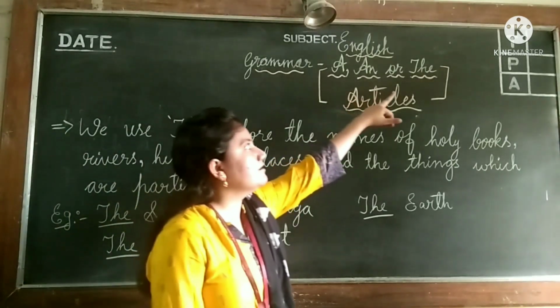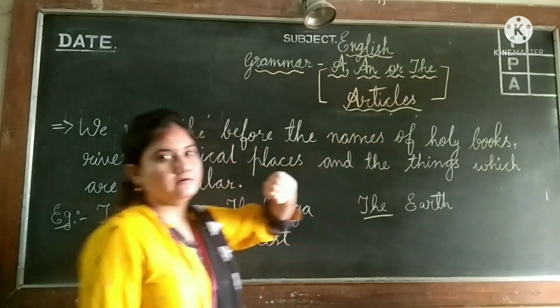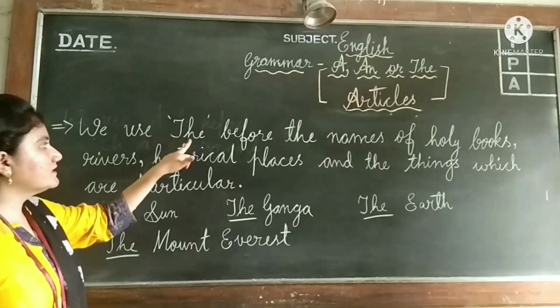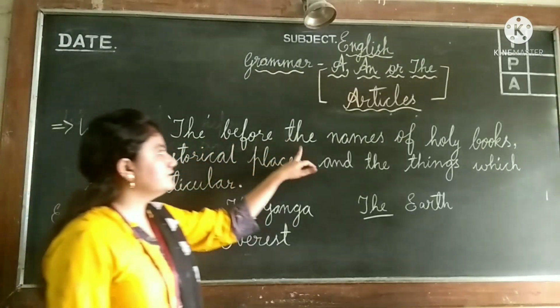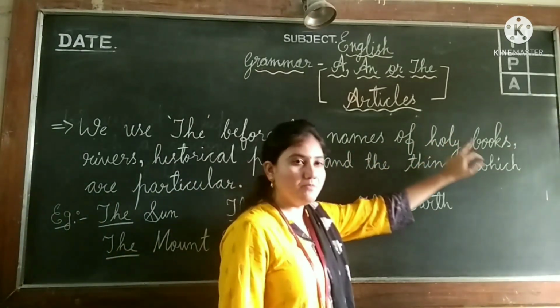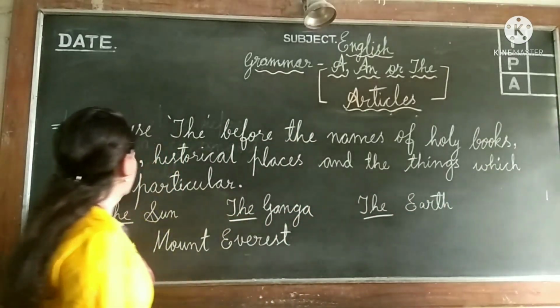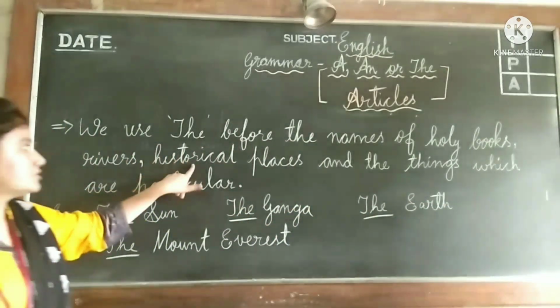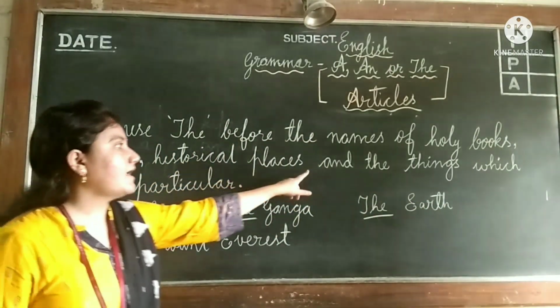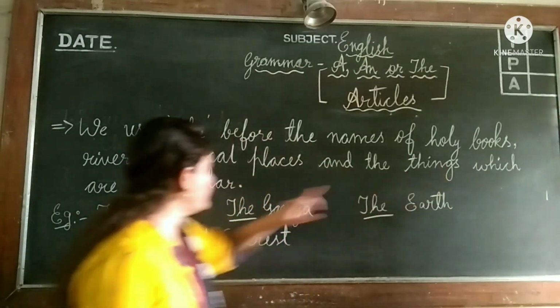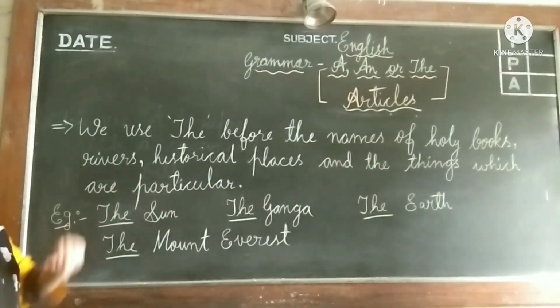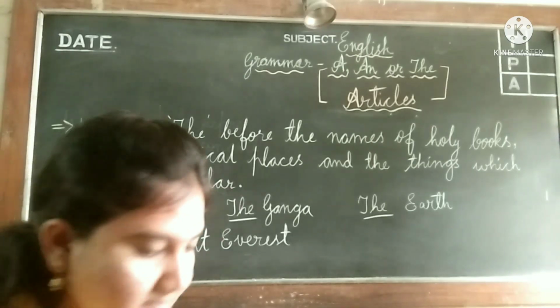That is the. T-H-E, the. See here. We use the before the names of holy books, rivers, historical places and the things which are particular. Okay, children? See here.